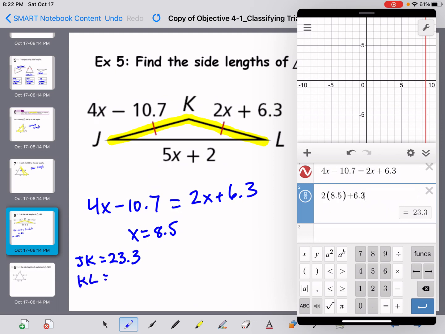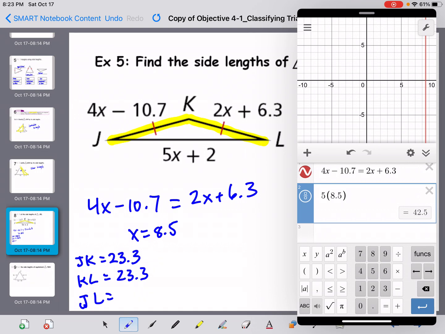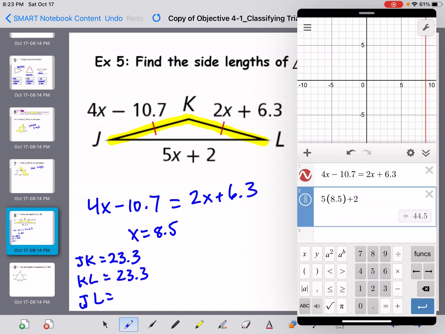KL equals 23.3. And now I need to find JL. 44.5.